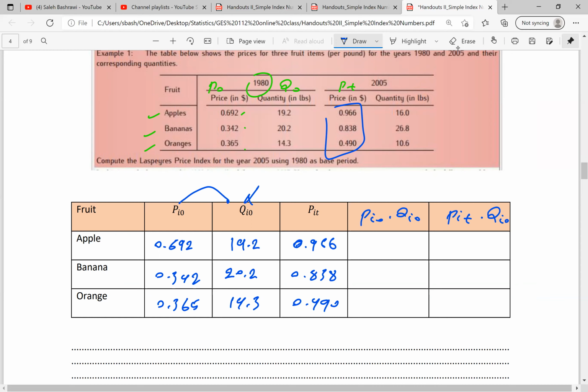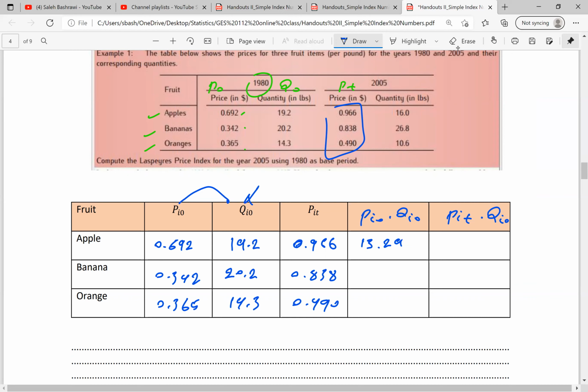So just multiply Pi0 with Qi0. The first one is 0.692 multiplied by 19.2, which is equal to 13.29.